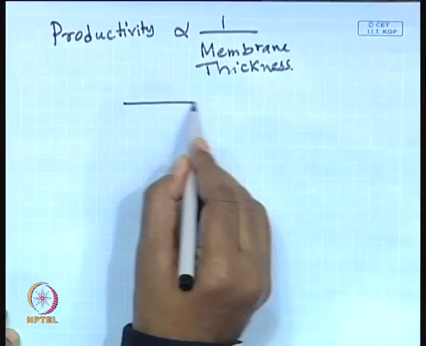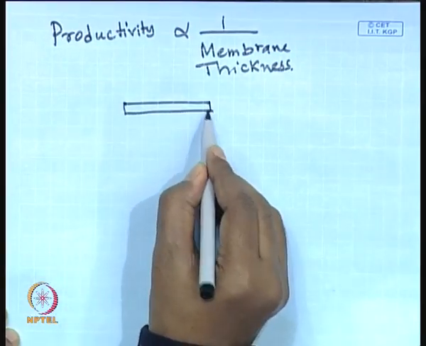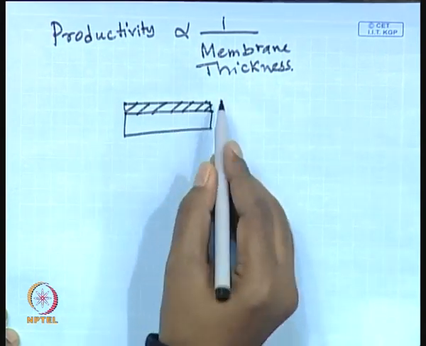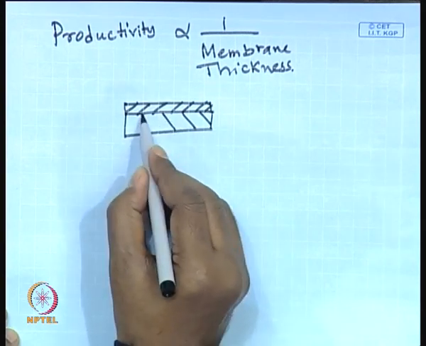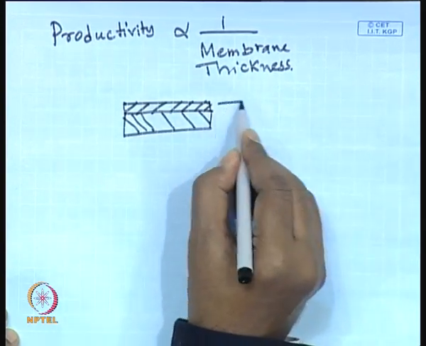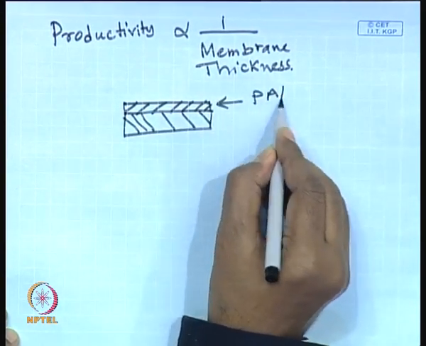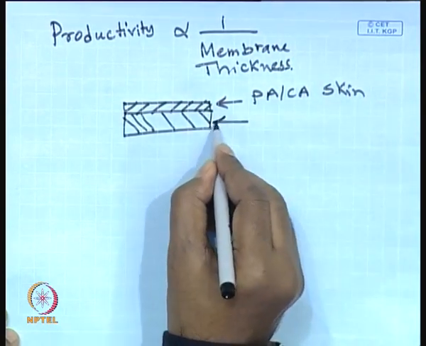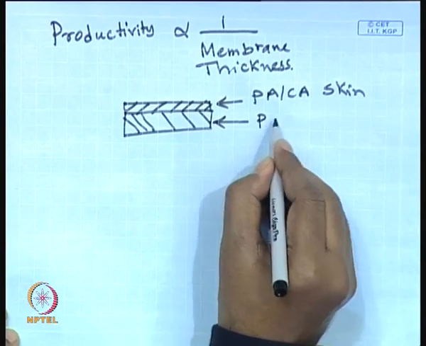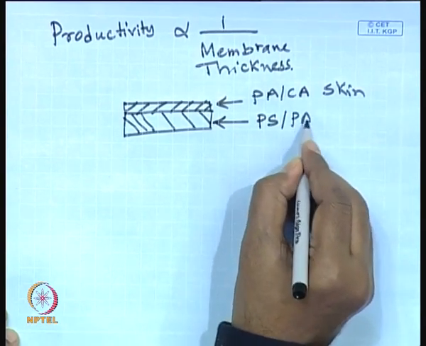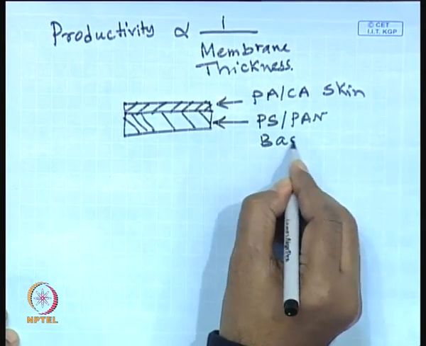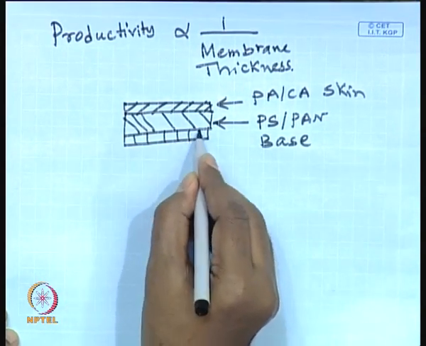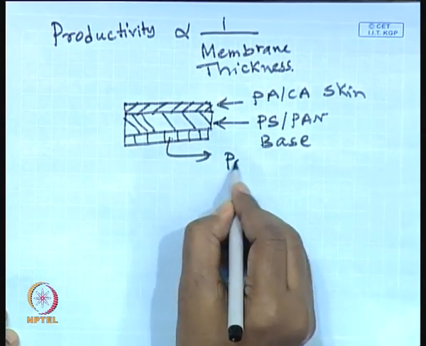So, there will be a skin, and at the lower end there will be another polymer, let us say this is polyamide or cellulose acetate skin, and this is, let us say, polysulfone or polyacrylonitrile base, and below here you have the polyester fabric.